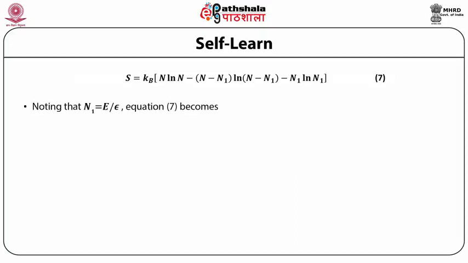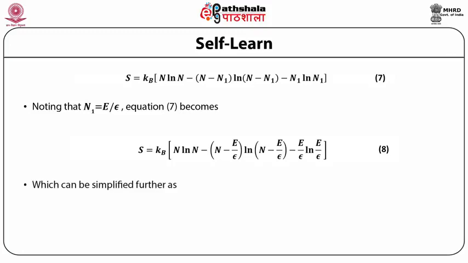Noting that n1 is equal to E upon epsilon, this equation 7 becomes S equal to kB multiplied by [N log N minus (N minus E/epsilon) log (N minus E/epsilon) minus (E/epsilon) log (E/epsilon)], which can be simplified further as S equal to kB multiplied by [(E/epsilon minus N) log (1 minus E/(N epsilon)) minus (E/epsilon) log (E/(N epsilon))]. Here log is to the base e.